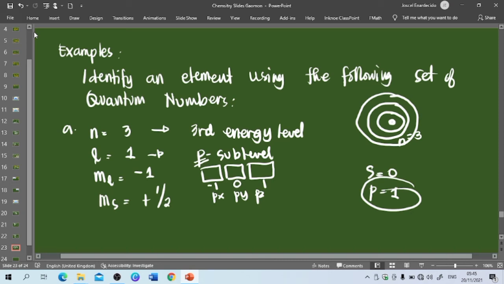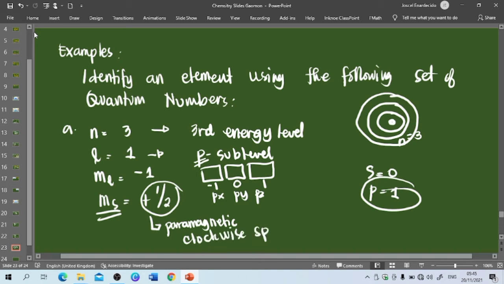Now let us distribute the electrons. Based on this value here, which is +1/2, we can identify that the electrons are paramagnetic, meaning to say it is in a clockwise spin.